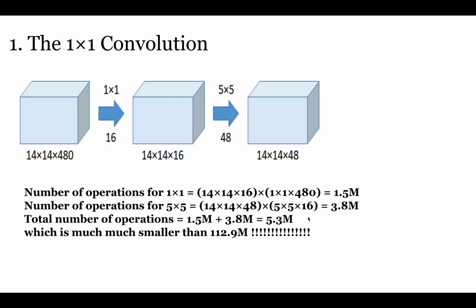Now, what will happen if we use a middle one-to-one convolutional layer? Here we put the one-to-one convolution and then go to the 5 by 5 kernels.